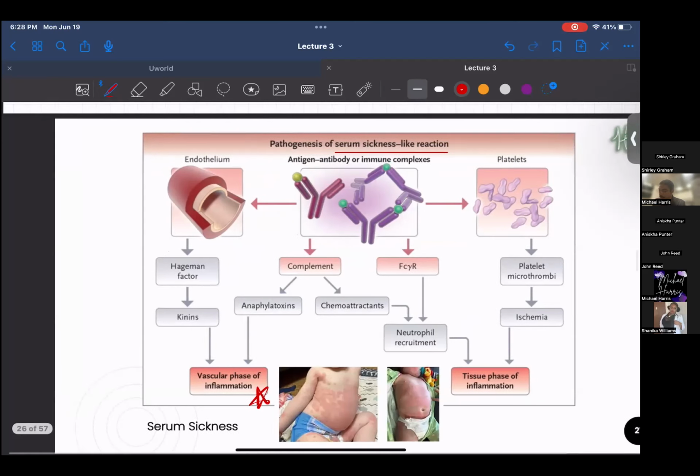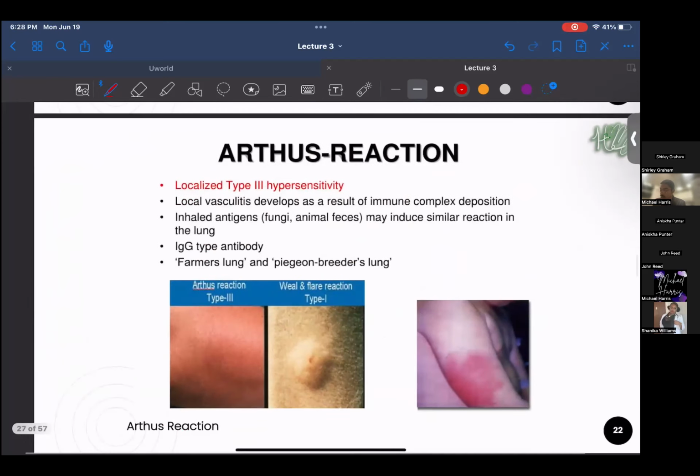Okay. Now, arthus reaction, we already talked about it. I'm not going to harp on it anymore. You see this localized. This is a big word. Localized symptoms. Okay. No nephritis, no arthritis.